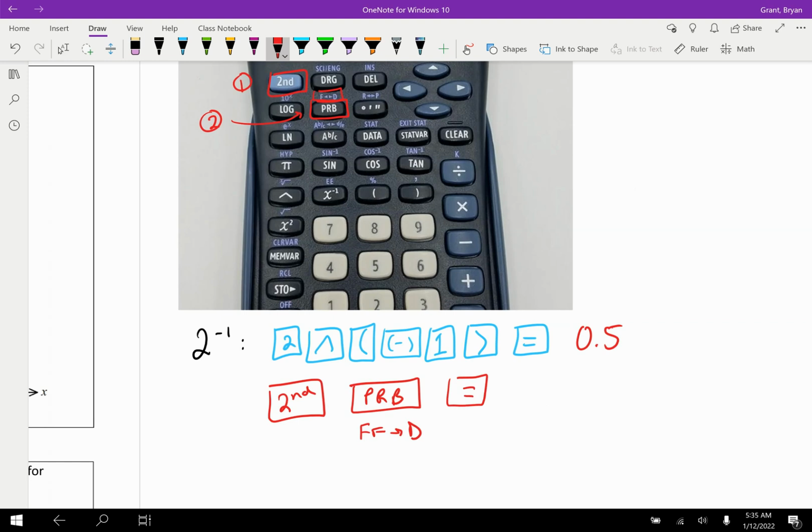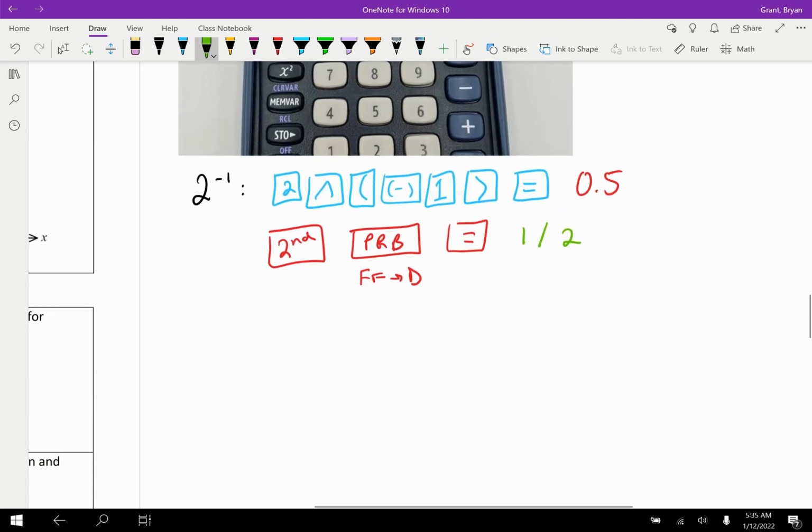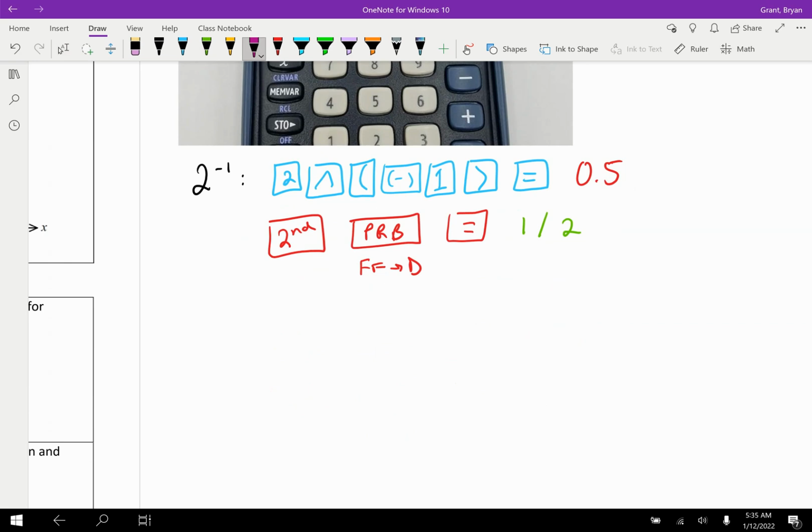And when you do that, your calculator is going to give you an output of 1/2. If you want to change that back to a decimal, just do the same pattern again.